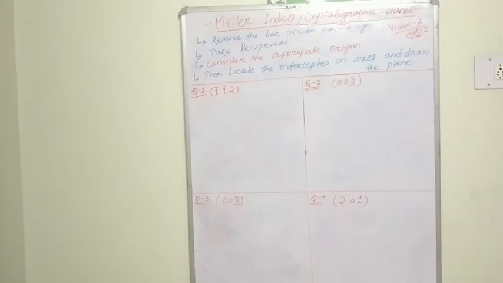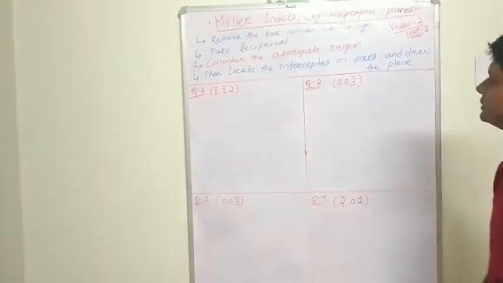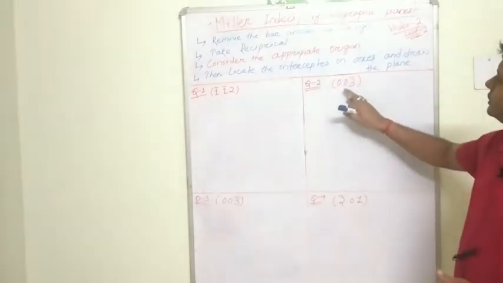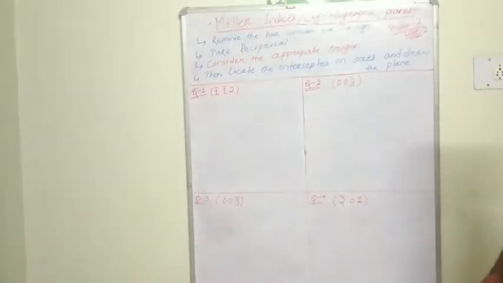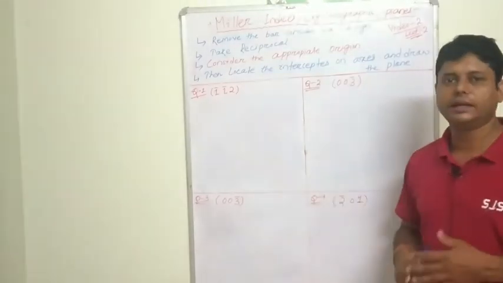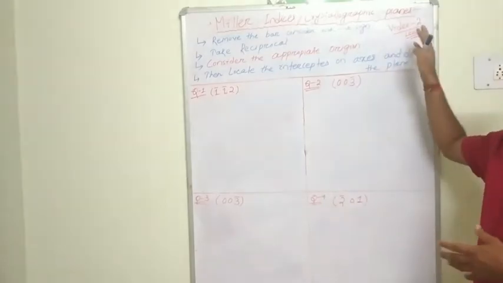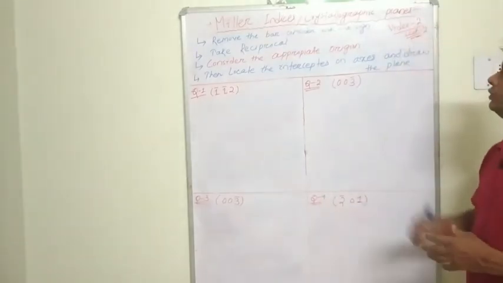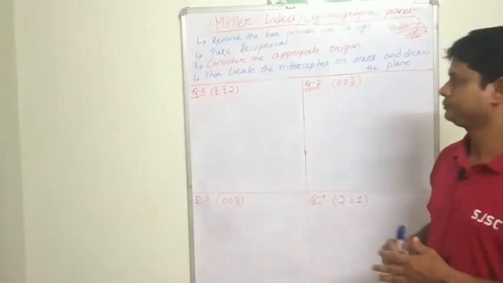In video number 2, I gave questions whose Miller indices have a bar. How we have to solve these problems in detail, the methodology has been discussed in video number 2, or lecture number 2. You can follow that video for your detailed notes.